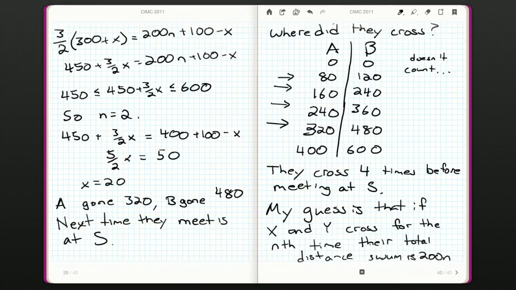So what could we do to prove this? I think the N is what's tripping me up. To say it's the nth time might suggest an induction argument, and that might work, but it's just not coming to me. So it might be easier to prove two smaller statements: that if they cross, their swimming adds up to a multiple of 200, and if their swimming adds up to a multiple of 200, then they must be crossing.